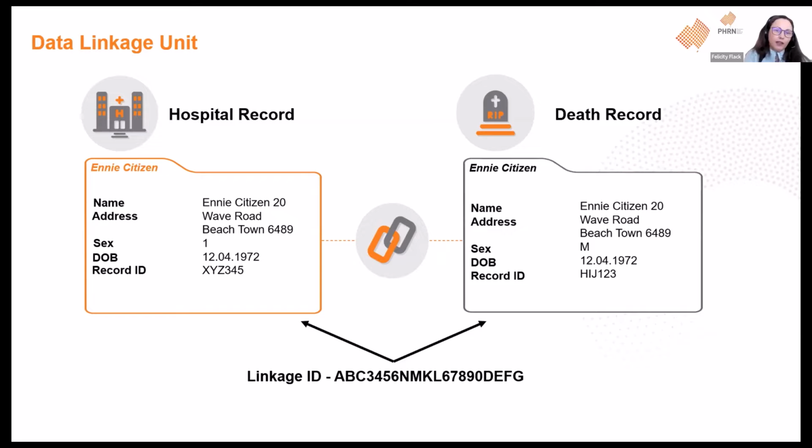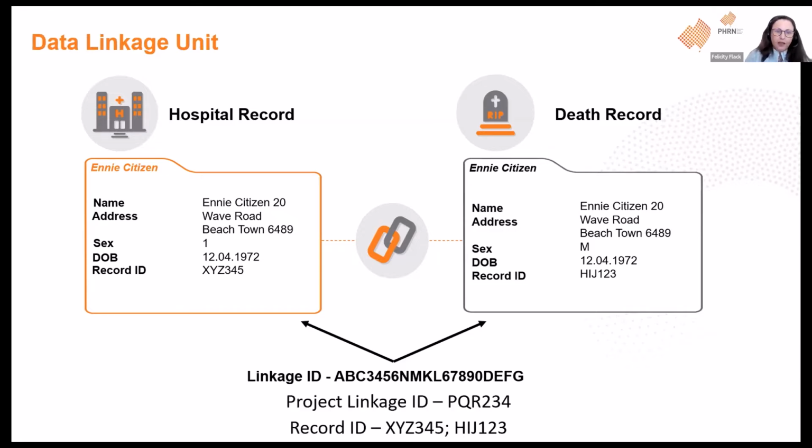If the linkage unit determines that any citizen is part of that cohort, they create what we call a project linkage ID, a specific person number for any citizen for that research project. That project linkage ID is just created for that project and therefore cannot be used to link data from different projects about any citizen.